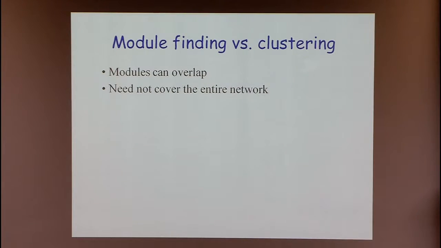And maybe we just don't know, or maybe the network is not detailed enough so that we see everything. So I think that good approaches to module identification need not worry about covering the entire network, and it's perfectly fine to leave some regions of the network unmoduled.